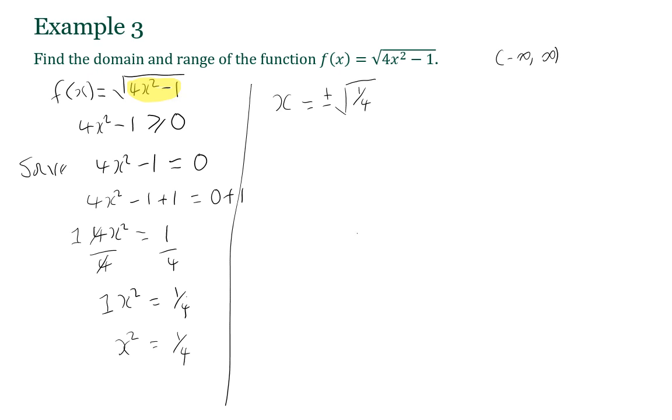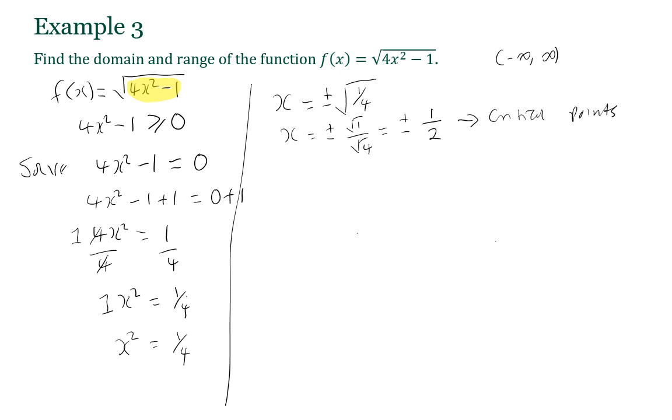And this will change to x equal to plus or minus the square root of 1 over the square root of 4. Square root of 1 is just 1, and square root of 4 is 2. So x is plus or minus 1 over 2. I told you that we call this the critical points.